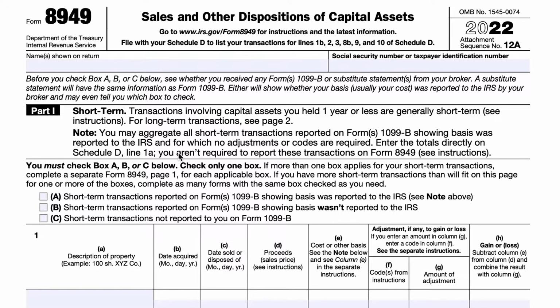For filing a joint return, you can complete as many copies of this form as you would need to report all of your transactions as well as your spouse's transactions. However, you must include on your Schedule D the totals from all of your Forms 8949.